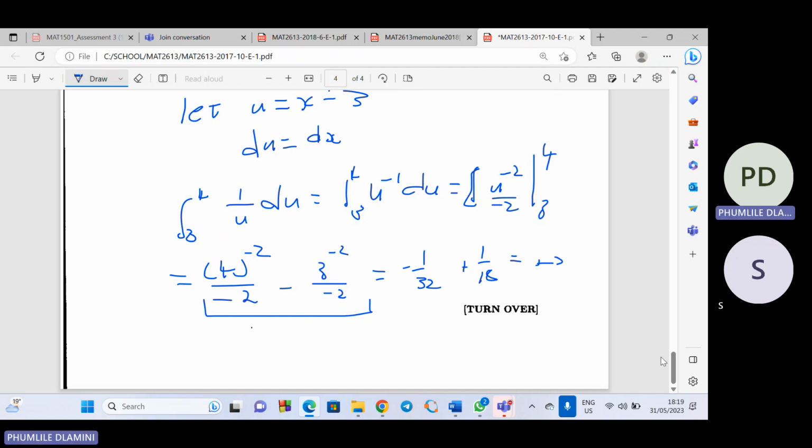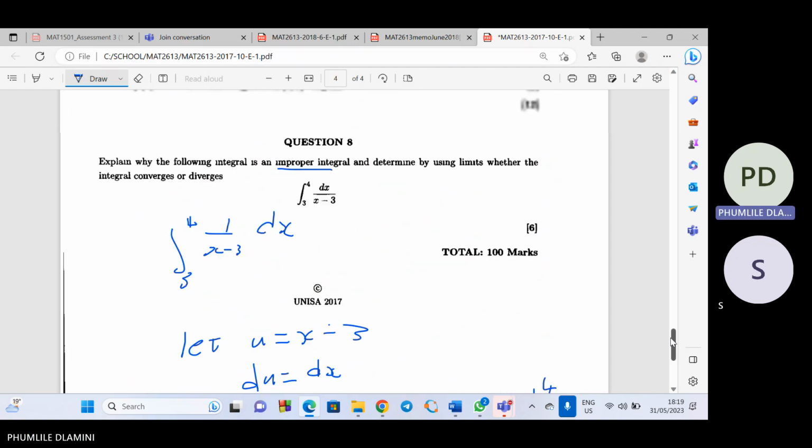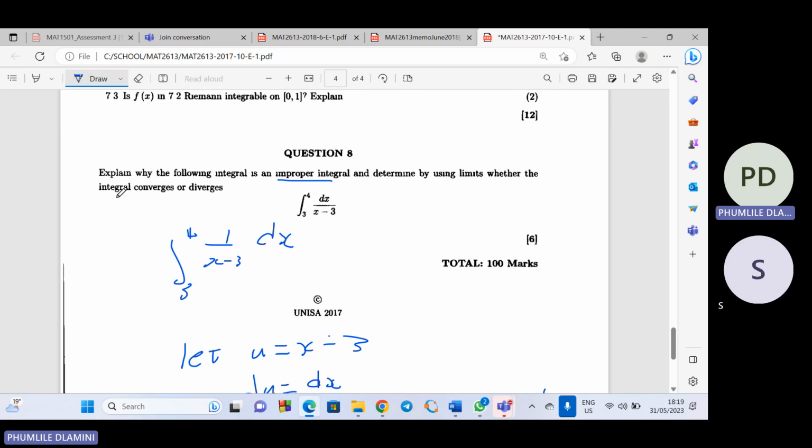But let's check exactly what the question says. The question is, explain why the following integral is an improper integral. So it's an improper integral because we cannot use the properties of the Riemann integral.